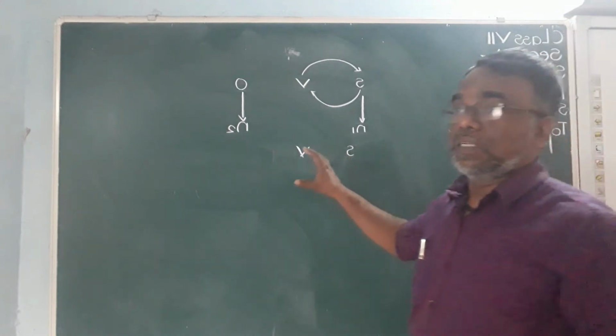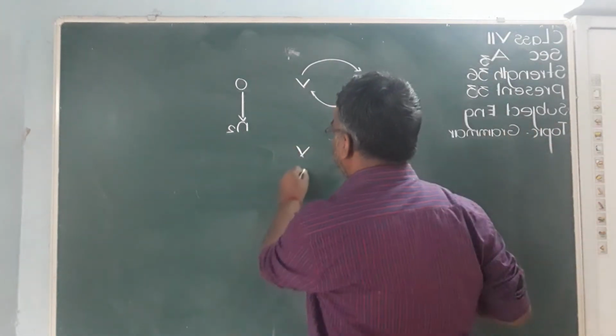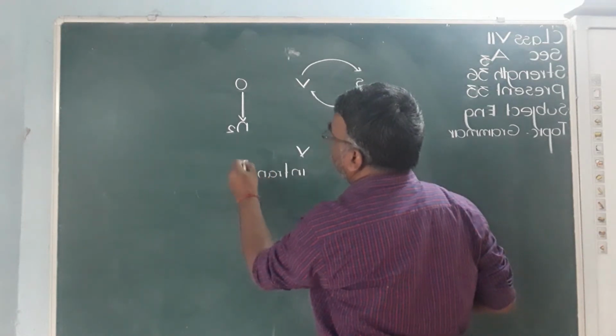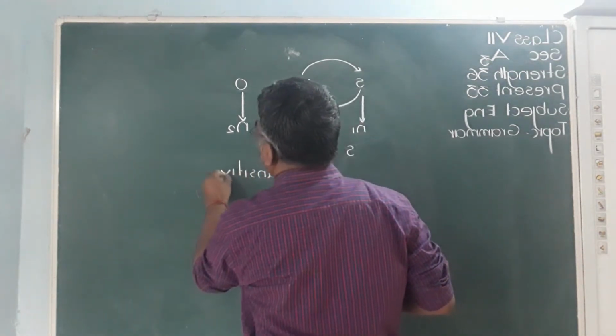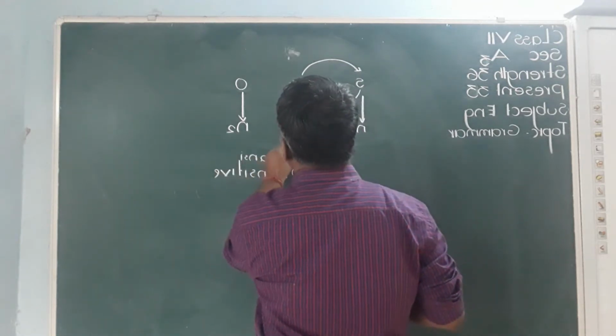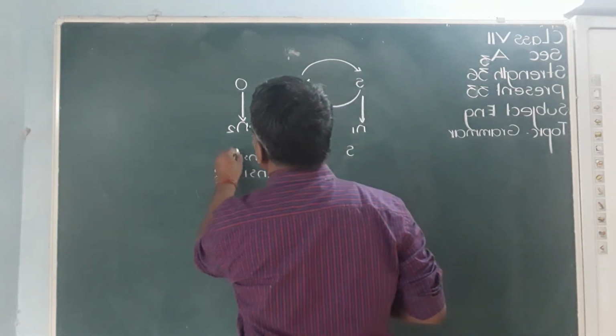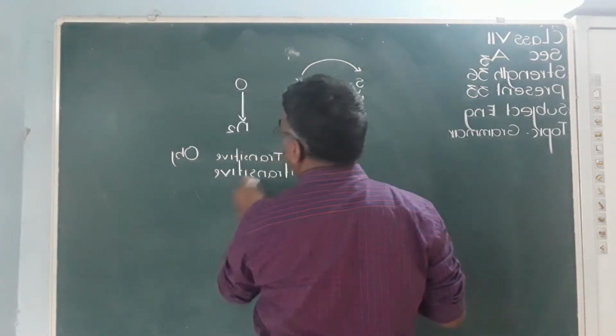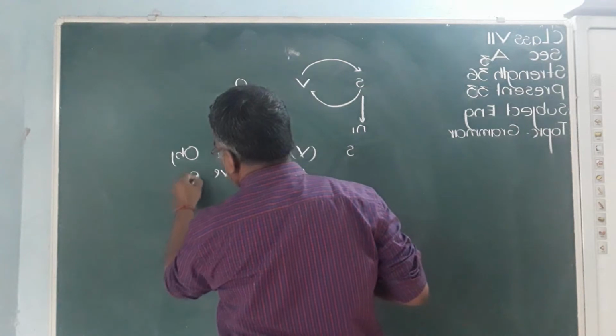You might have heard the term intransitive verbs. If the verb is transitive, then you will have an object. But if the verb is intransitive, there will be no object.